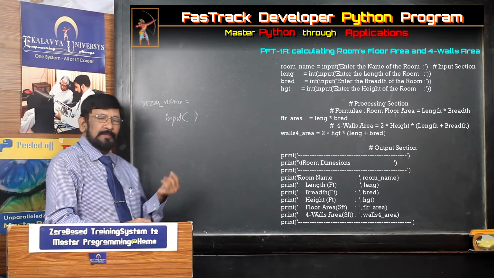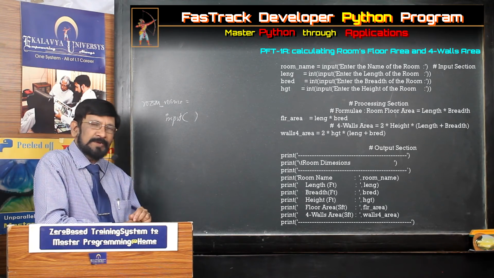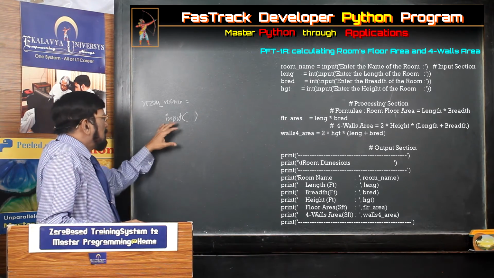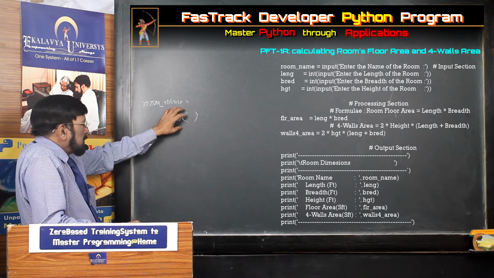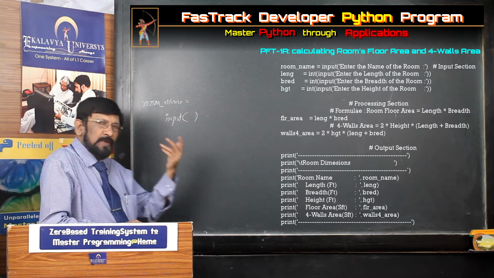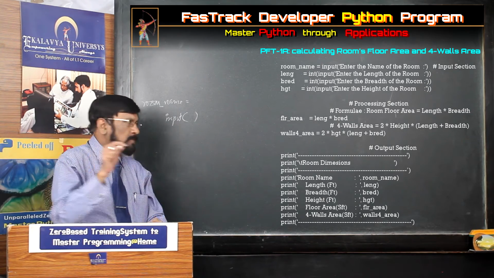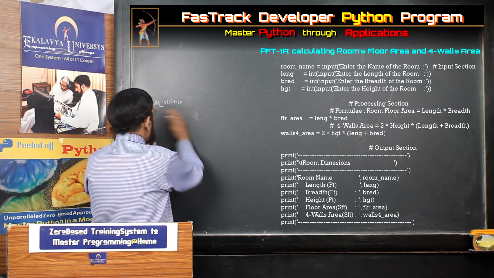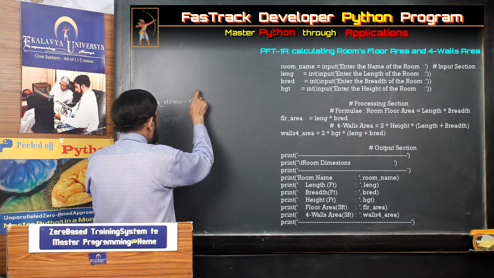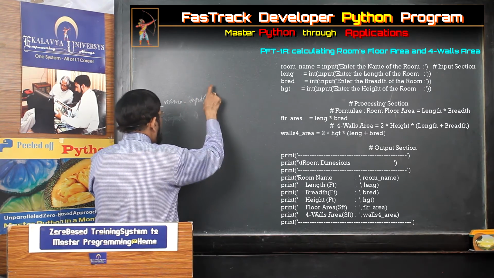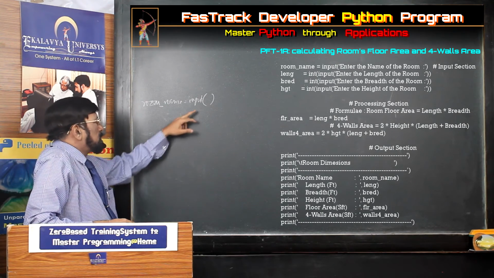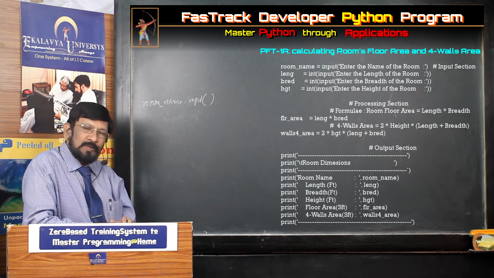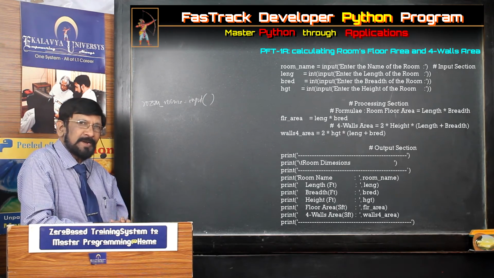Once you write the input function, then whenever your program is executed, it waits for your input value. If you type a value, whatever value you type, that is stored in the room name. That point you have to understand.